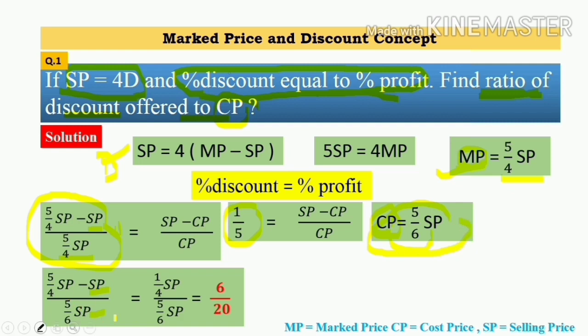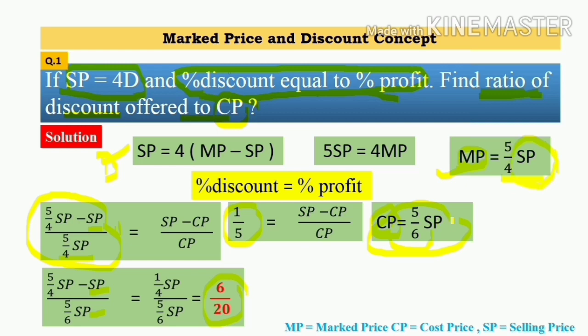After calculating this, we get 5 by 4 SP minus SP, that is 1 by 4 SP, and in the denominator 5 by 6 SP. SP cancels, and we get 6 by 20. This is the required answer. So pay attention that we have calculated the MP value in terms of SP.